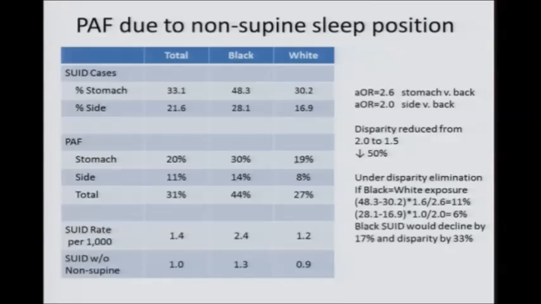You can just subtract their exposure estimates and then multiply it by the relative risk minus 1 over the relative risk. And in that case, if the Black exposure rate was the same as whites, the disparity would decline by 17%, or their rate would decline by 17% and the disparity by 1/3.